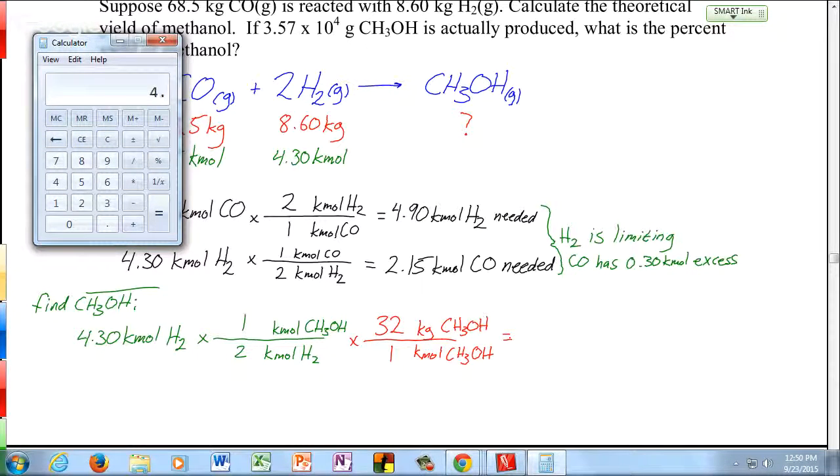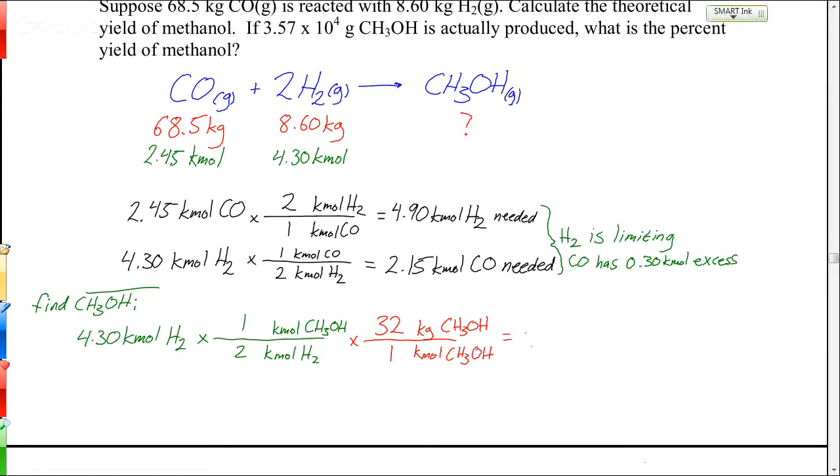All right, so we're going to go 4.30 divided by 2 times 32, which should be 68.8 kilograms of methanol.